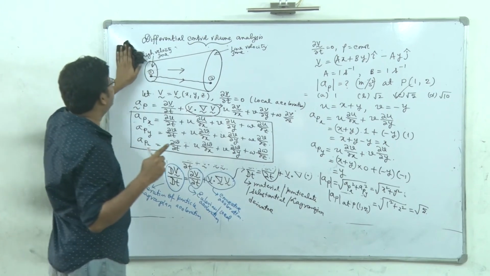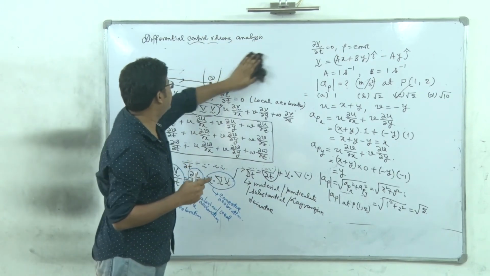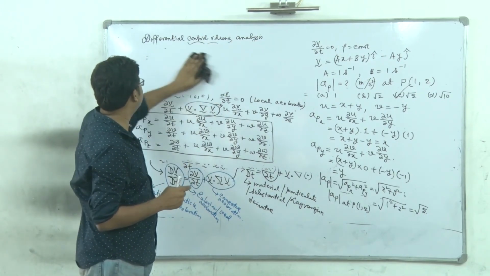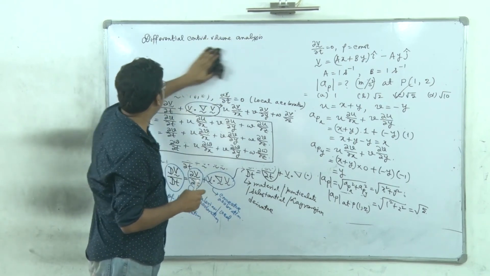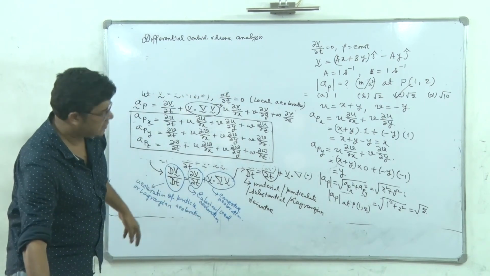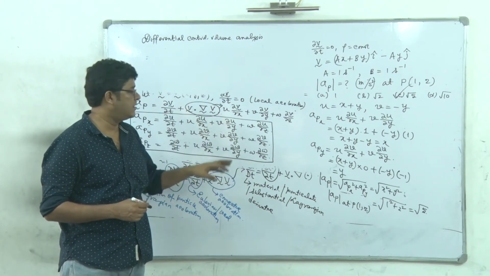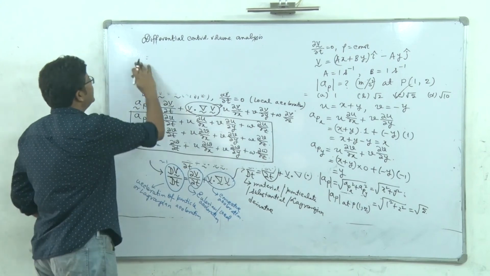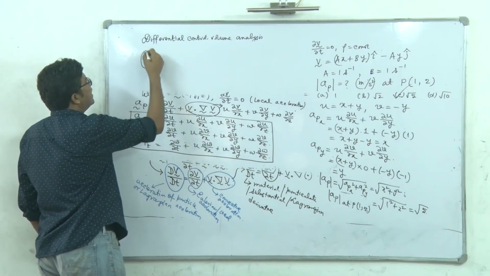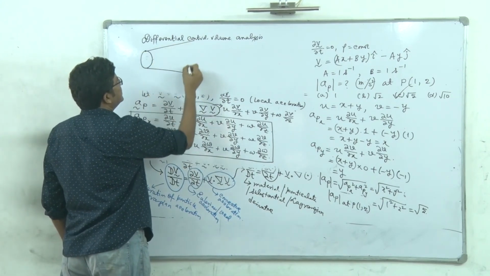But another point which is very, very important is the perspective of the material derivative. You see the material derivative, let's think of it like this. I have a diverging channel, right?